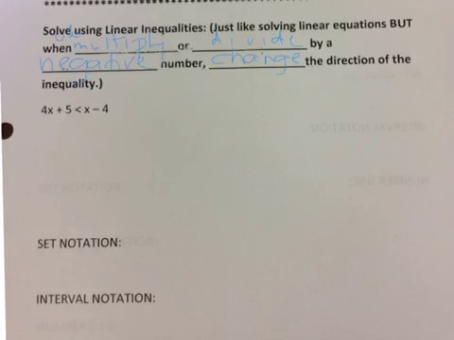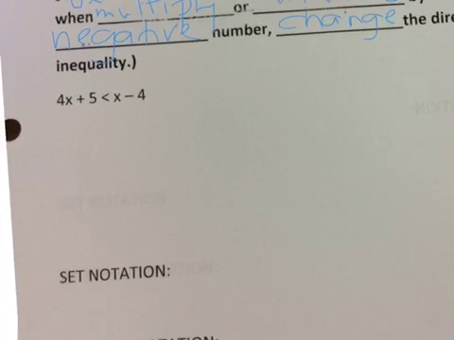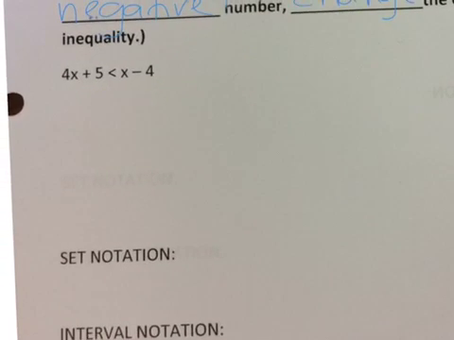Okay, so just to go over that example that I just graphed, you got 4x plus 5 is less than x minus 4. So what we're going to do, just like any good old equation, we're going to get the x's on one side. So we're going to put 4x minus x. Okay, so again, follow the same conventions. When you're switching sides, you switch signs.